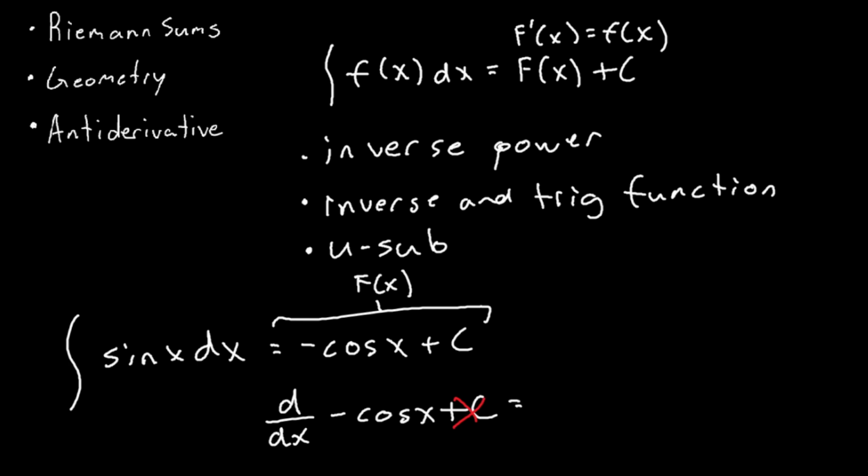If you take the derivative of negative cosine, you get negative sine of x, right? Wait, the derivative of negative cosine x is sine of x, and you just get your original function, sine of x. So the derivative of your integral is equal to your original function. Keep that in mind. That's the essence, the whole wraparound of integrals.